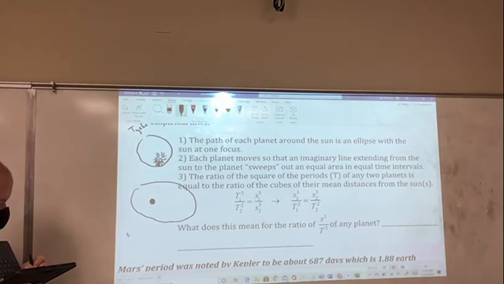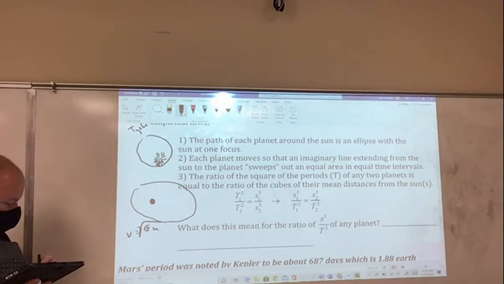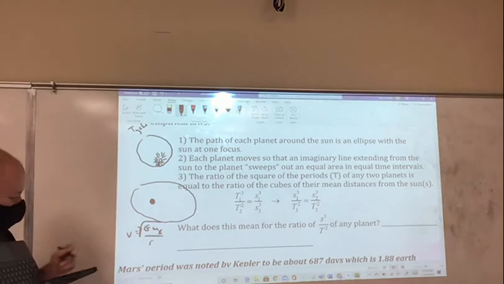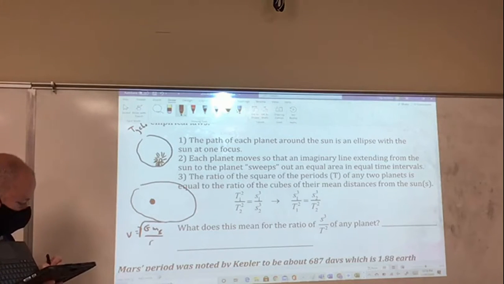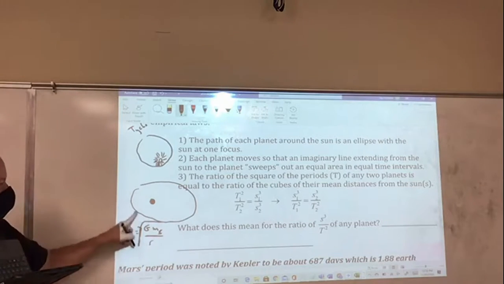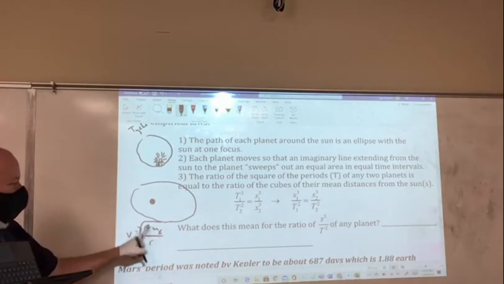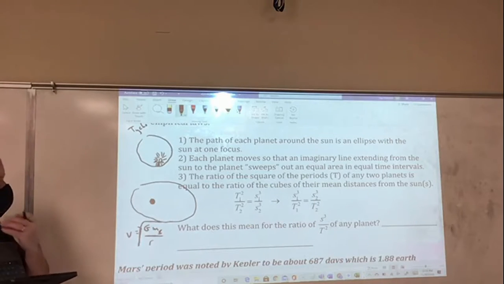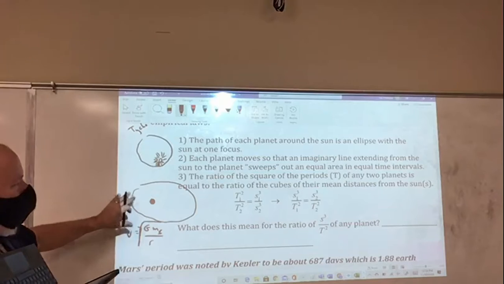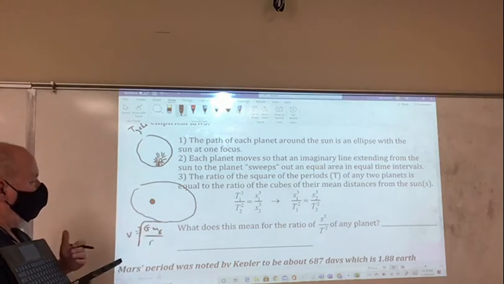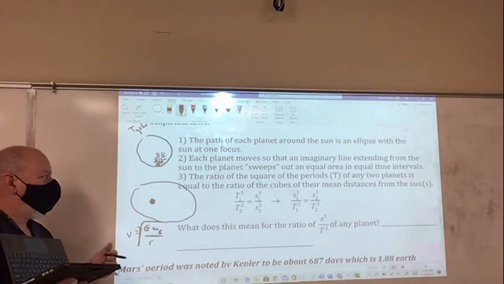To be in circular motion, we know that the velocity of a satellite needs to be the square root of the gravitational constant times the mass, and in this case it would be the mass of the sun, divided by the radius. So the velocity of the planets are actually a little bit greater than this because we've got this elliptical orbit. That's not going to make any difference to us, but it's a conceptual thing that's helpful.